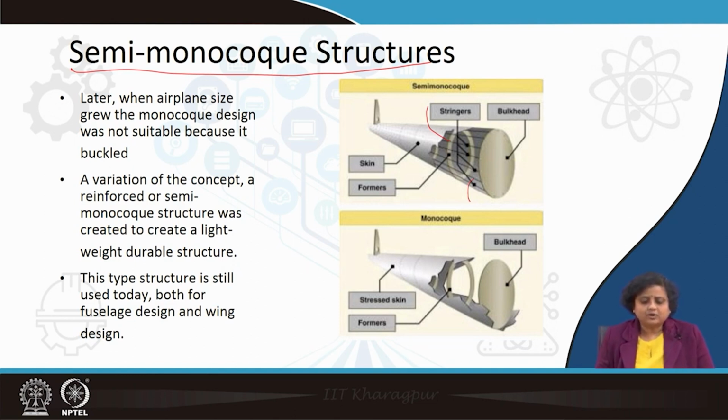Here we can see all the longitudinal and transverse reinforcement, and this is a monocoque structure where we do not see any reinforcement. That is the essential difference between a monocoque and a semi-monocoque structure.